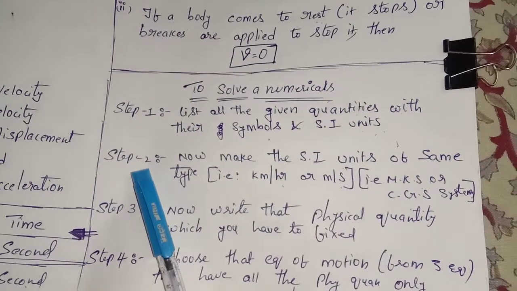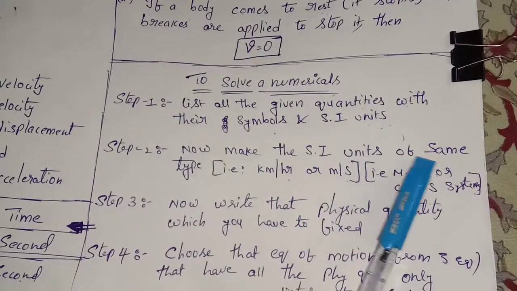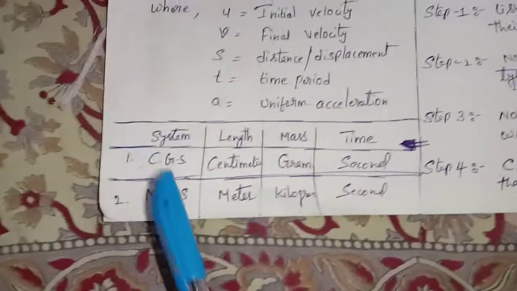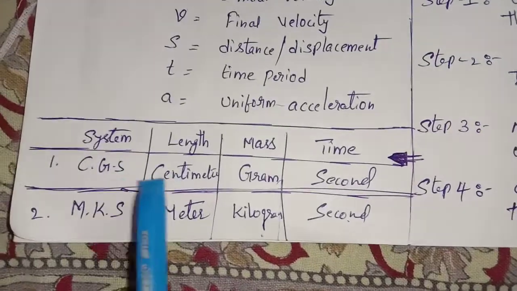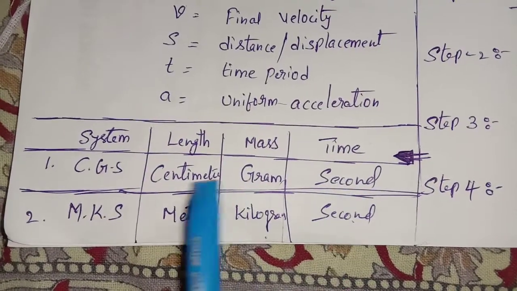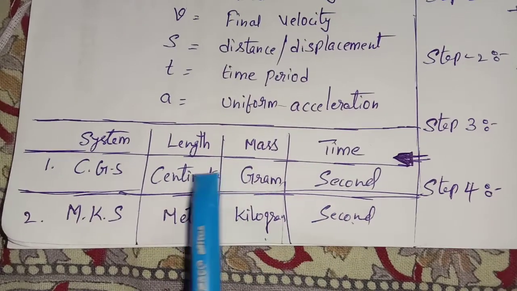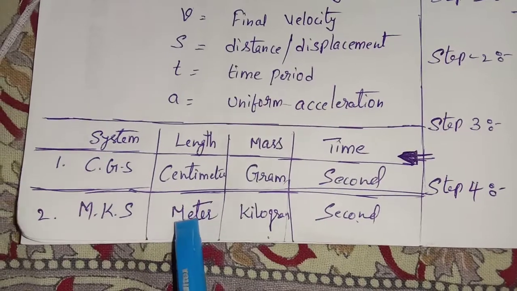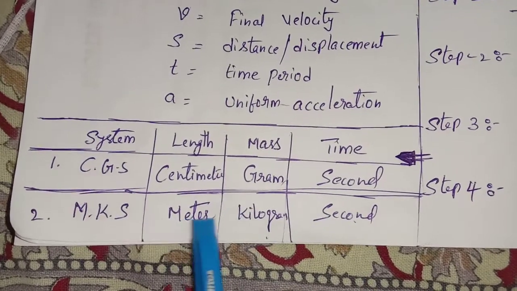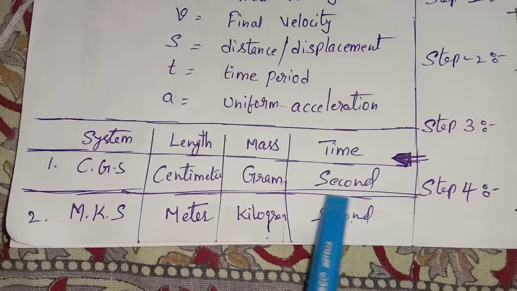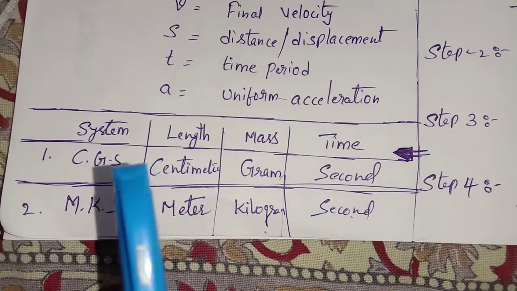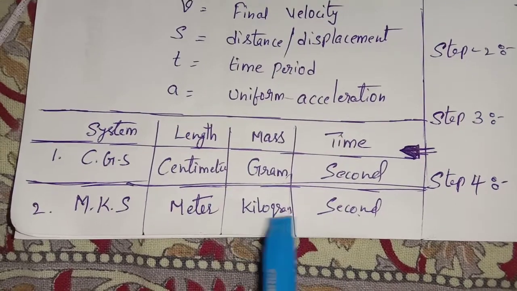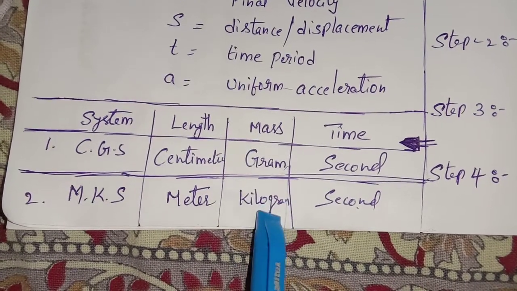Then next is step 2: make the units of the same type. If they give the CGS system, centimeter, gram, second, all should be in length, mass, time form. If they give the MKS system, meter, kilogram, second, it should be in this form only. If they give time in hours, we have to change it into seconds. If they give gram, we have to change it into kilogram.